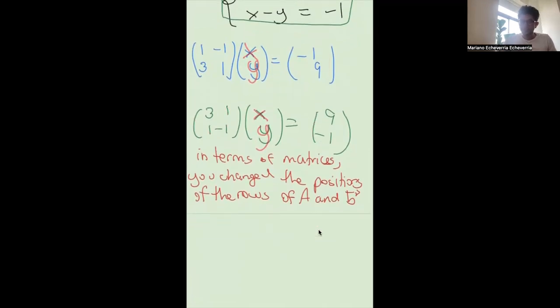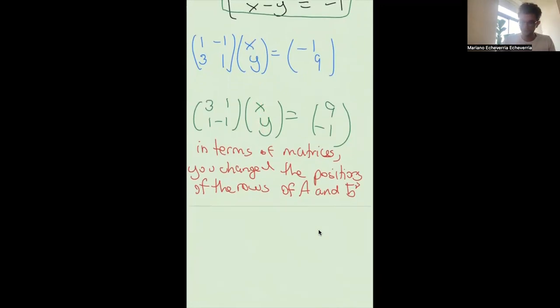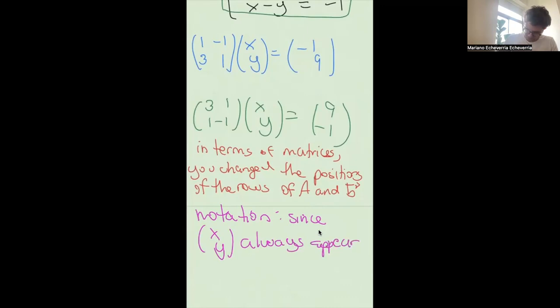So that's not changing. For these systems of equations, since you don't want to mess this up, you implicitly don't write x and y, just as a notation, which is what you will see, since x and y always appear in that order.